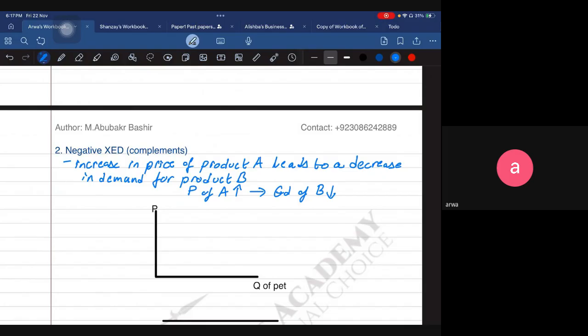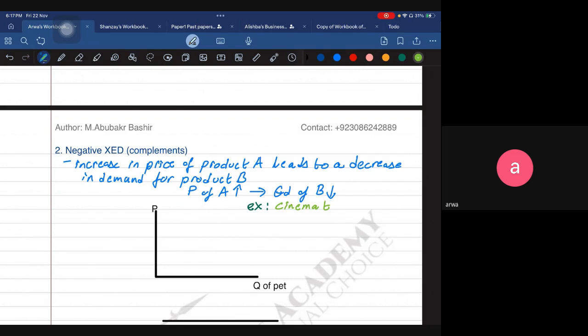Okay, so example first, because this example is not completed. There's a typo error. If I had to give an example, I would give cinema tickets and popcorn. Because if the price for cinema tickets was to rise, people who go to the cinema to watch the movie would also buy popcorn with it.